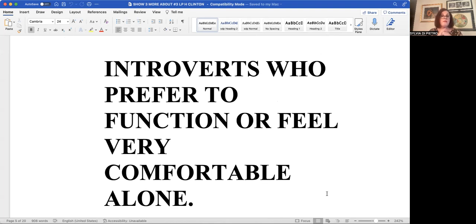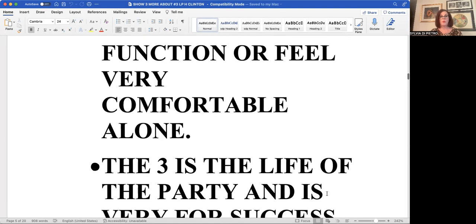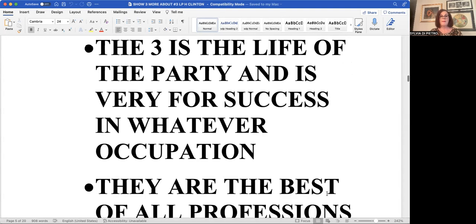Well, they work very well by themselves. They work very well alone, while the extroverted numbers like to go out and seek people, like to be with people, like to create with other people. They are very gifted with getting groups together and like-minded people together to accomplish a common goal, okay?